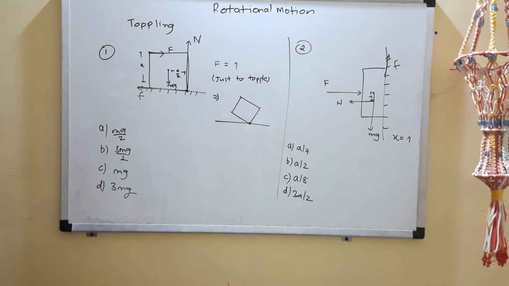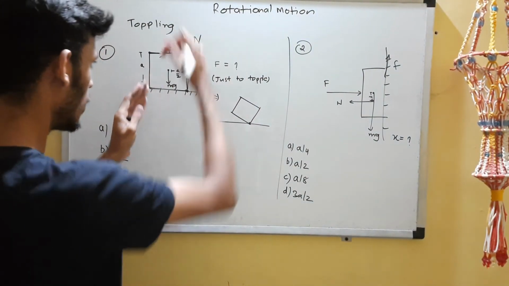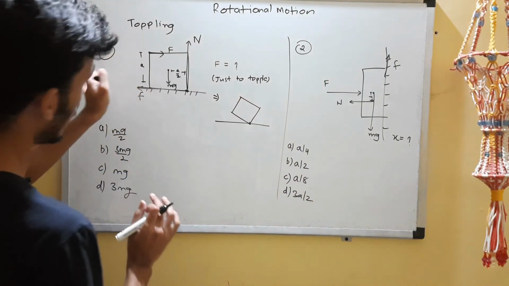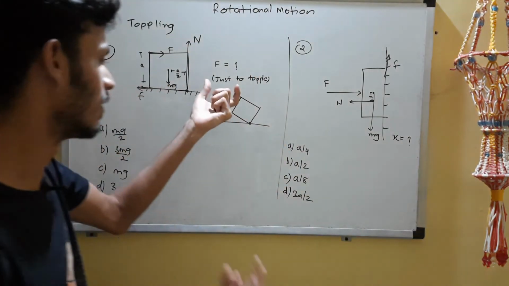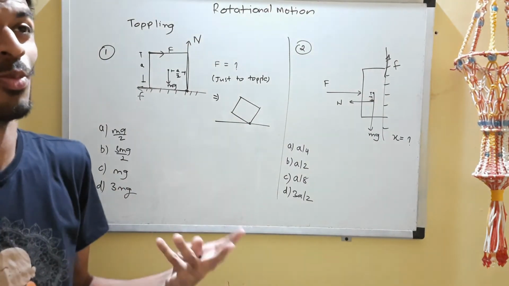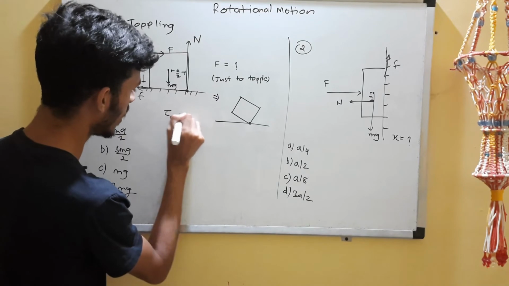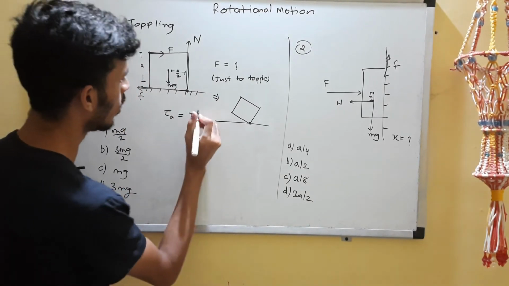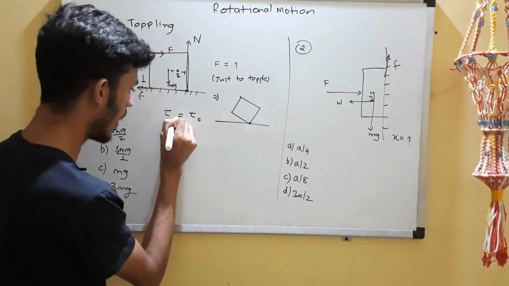And mg is rotating the block this way about this point, so it's anti-clockwise and F is clockwise, and when the block is just about to topple, these two torques are almost balancing each other. So the torque in the anti-clockwise direction is the same as the torque in the clockwise direction, or the torque due to this force is equal to the torque due to mg.